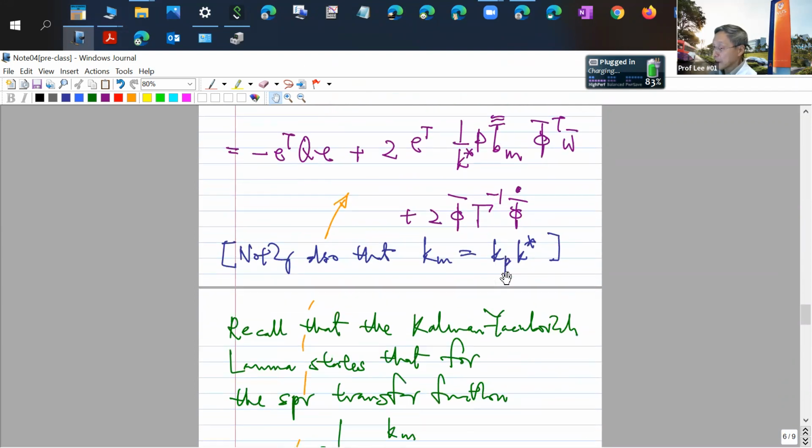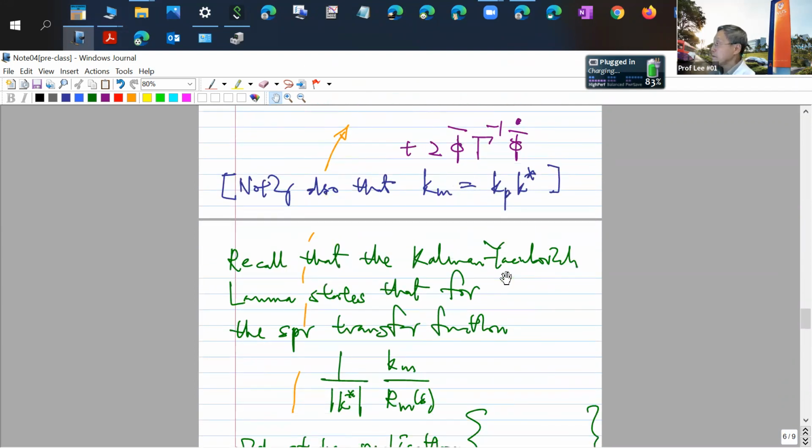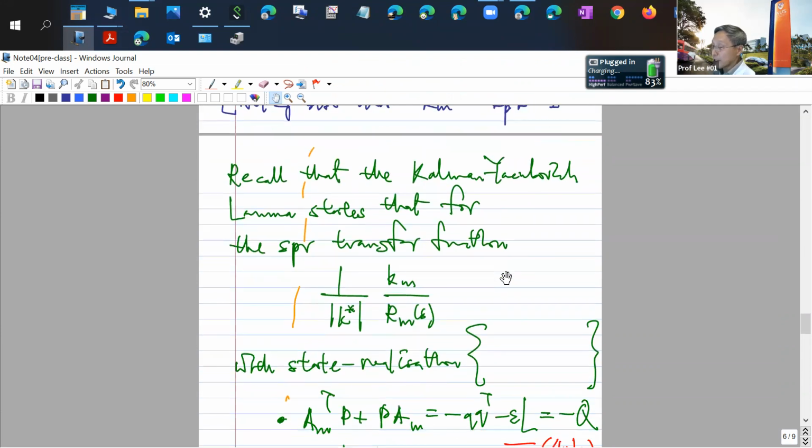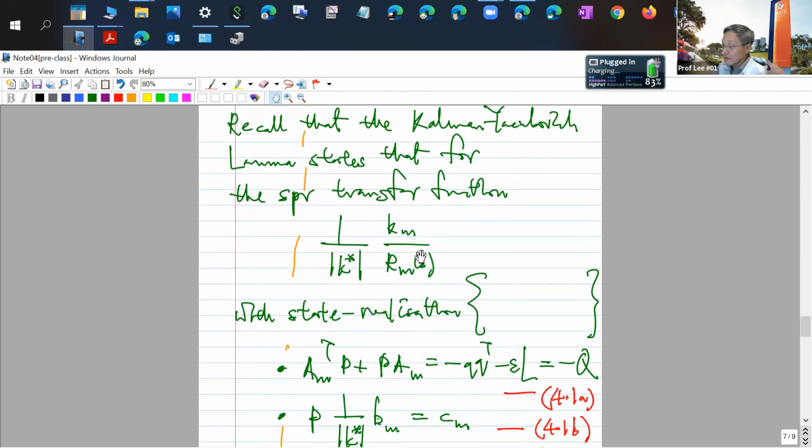We will now use the second property of the Kalman-Yakubovich lemma, which says that this transfer function that you have has the state realization, as we saw from above: AM triple bar, which is the AM matrix, 1 over the magnitude of K star, BM triple bar, and of course CM triple bar.